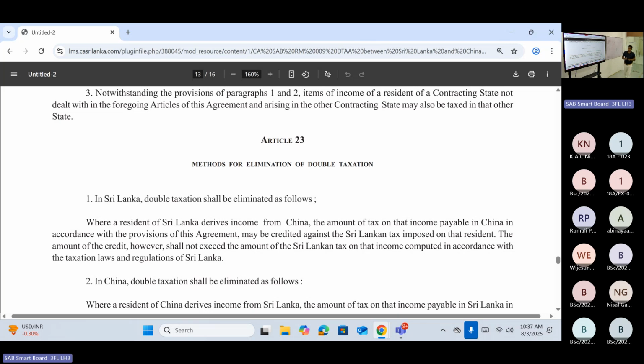Where a resident of Sri Lanka derives income from China, the amount of tax on that income is payable in China. Say 100,000 income, and the tax is payable in China.